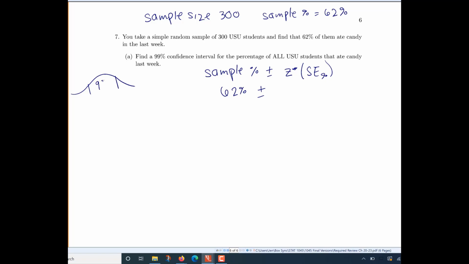So I come over here, I draw a picture, I want 99% in the middle, and let's see, 100 minus 99%, that would be 1%, but it needs to be split over two tails, so I should have 0.5% in this tail, and over here I should have 0.5%.